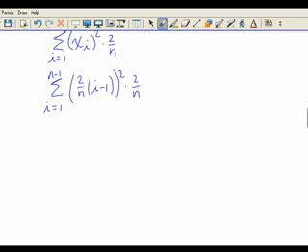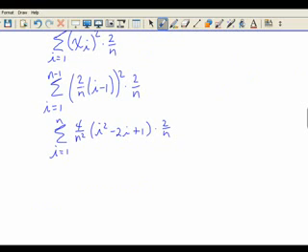Okay, so 2 over n squared is 4 over n squared, and then i minus 1 quantity squared would be i squared minus 2i plus 1, and that gets multiplied by 2 over n.